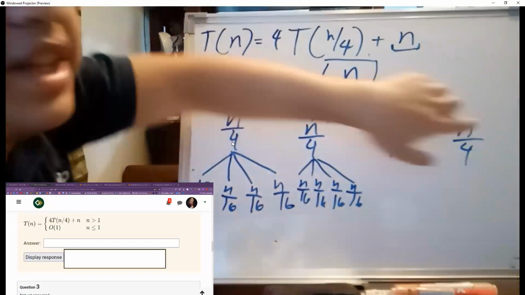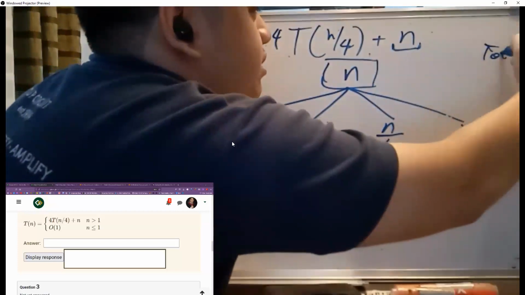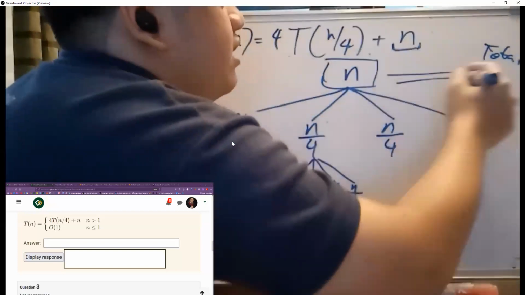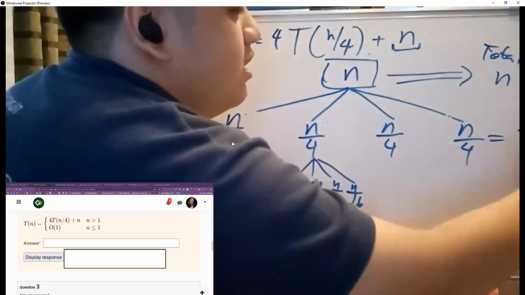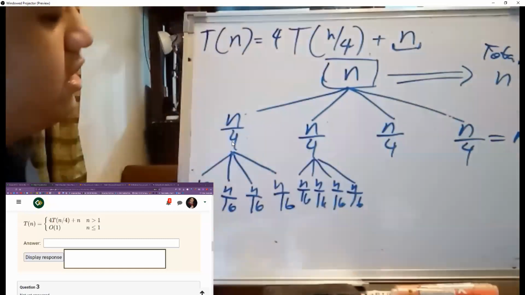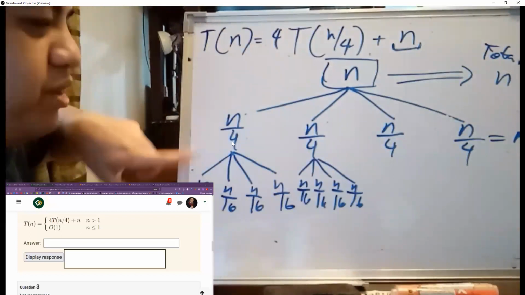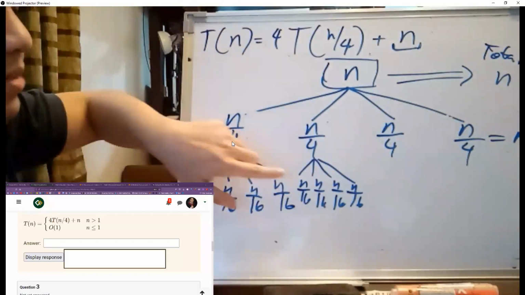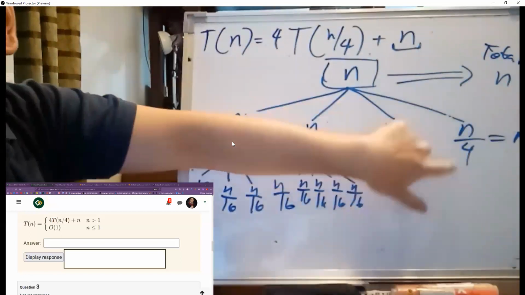So yung total natin dito is n. Ang total natin dito is also n. And then this one, meron tayong 4 na 1 over 16 dito, 4 na 1 over 16 dito, 4 na 1 over 16, 4 na 1 over 16.